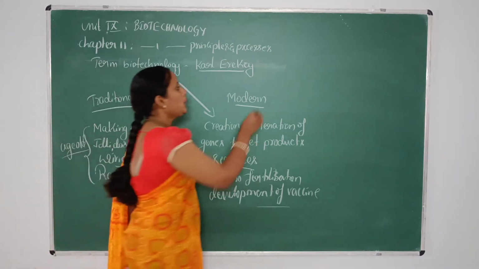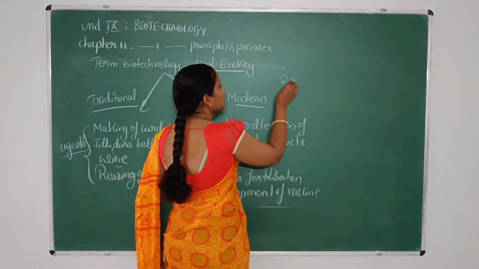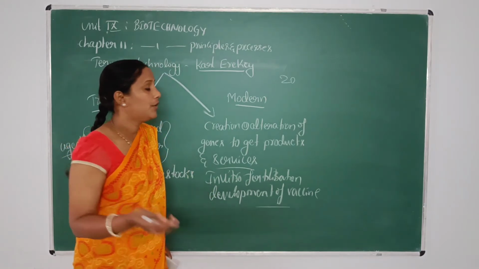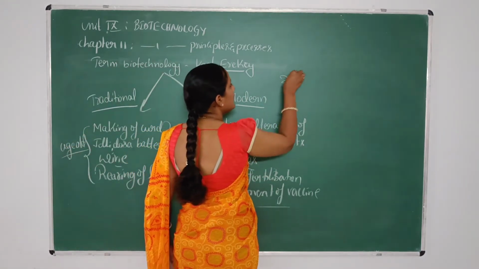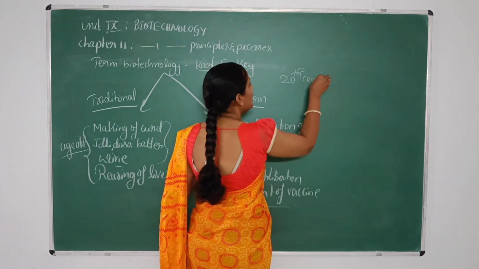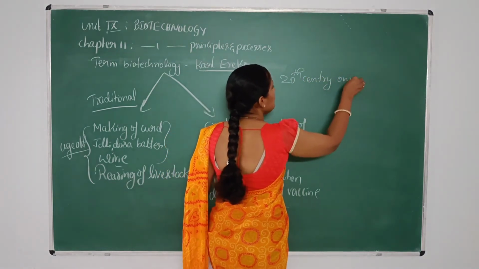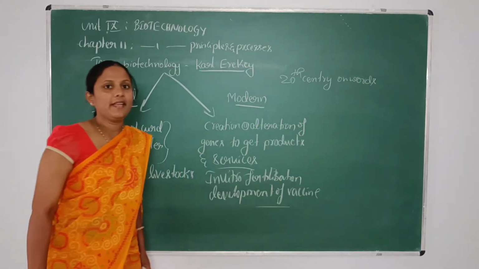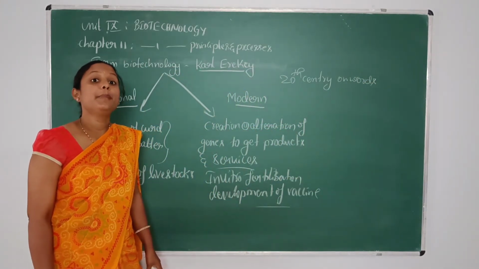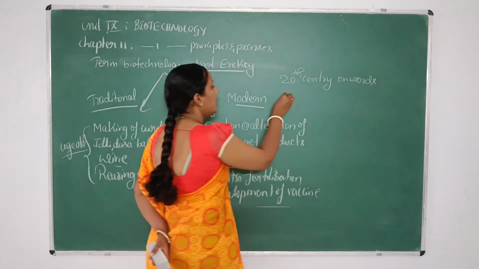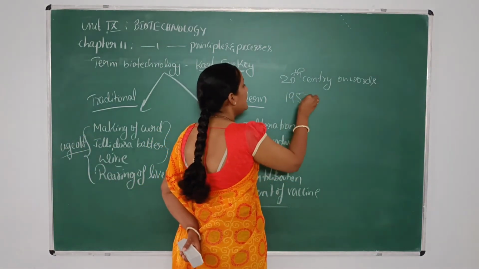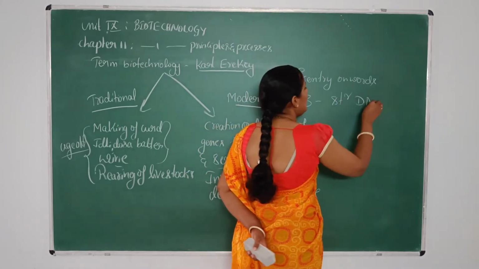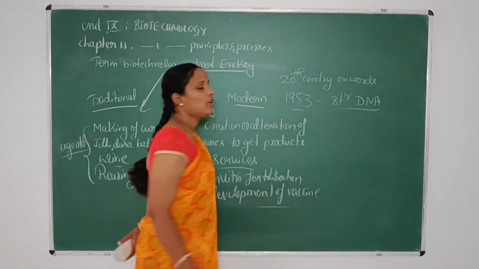But from the mid 20th century onwards, there was a drastic development in the biotechnological processes because of the discovery of the structure of DNA, which was well explained in 1953.